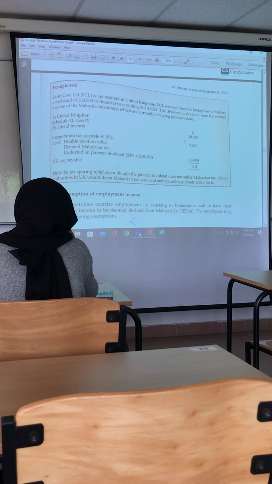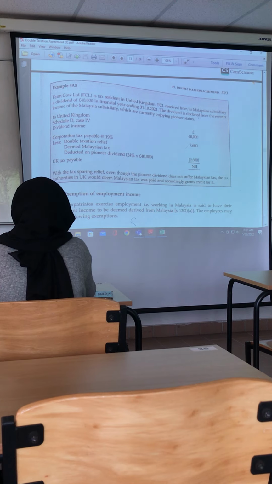Farm Cow Limited, for example a tax resident in the UK, receives from its Malaysian subsidiary a dividend of 40,000 pounds in the financial year end. The dividend is declared from tax exempt income, from a company currently enjoying pioneer status. So when you get the 40,000 from the exempt account, the dividend is an exempt dividend, so they don't have to pay tax in Malaysia at all.